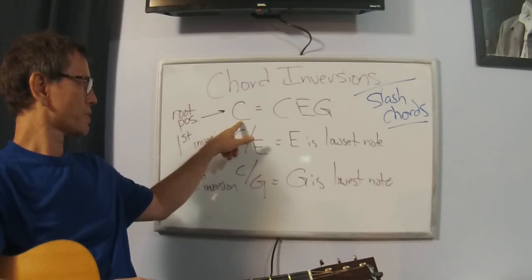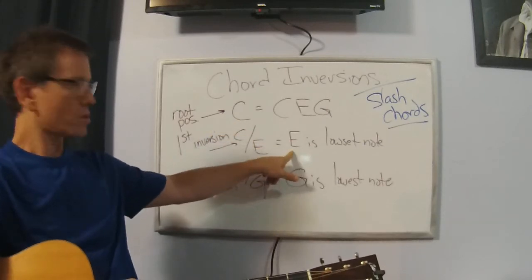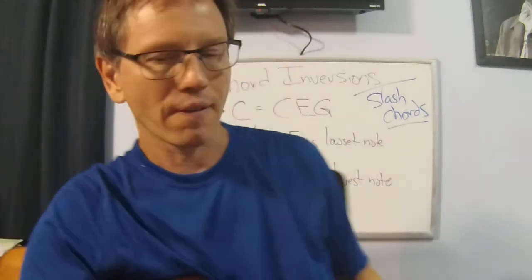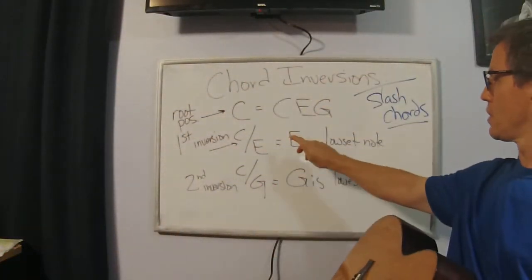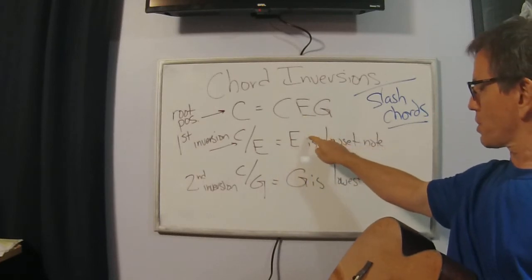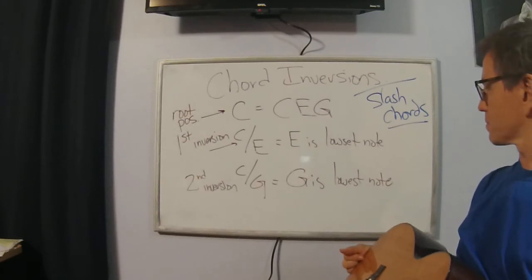Even though you may be playing a C chord, the bass player may move to put the E in the bass. So just know for now that when you take a chord out of root position and you start playing with a different lowest note, you're inverting the chord.